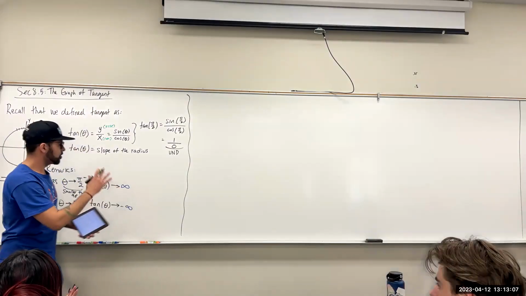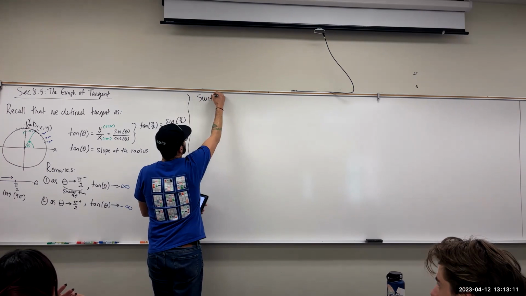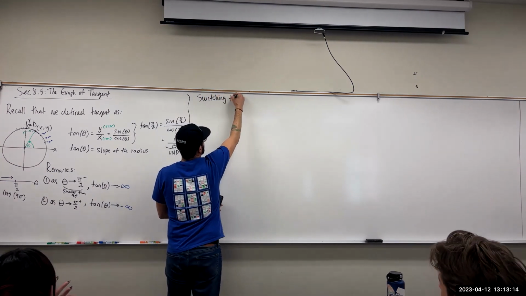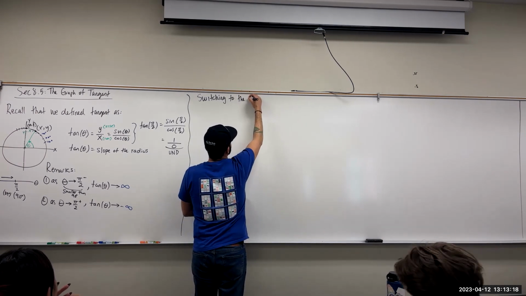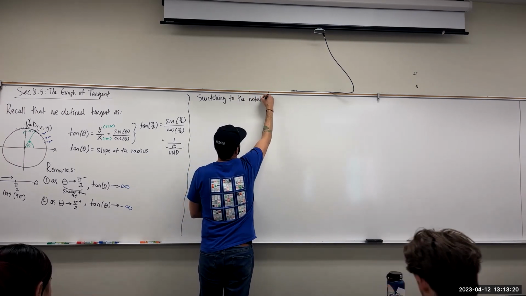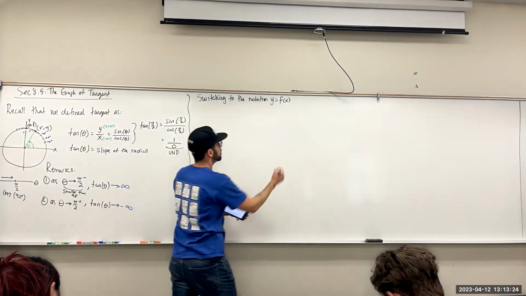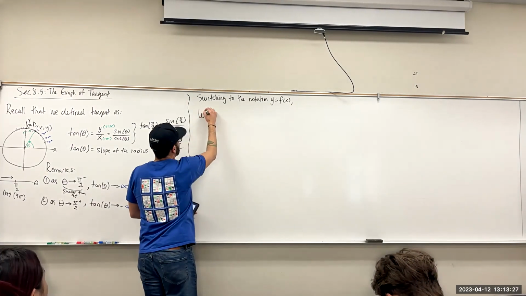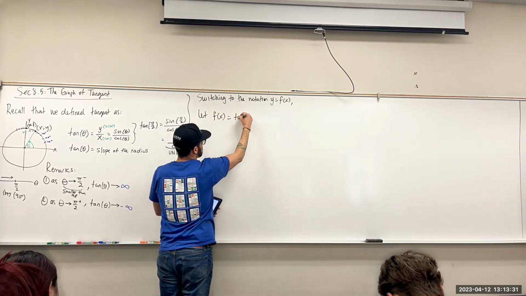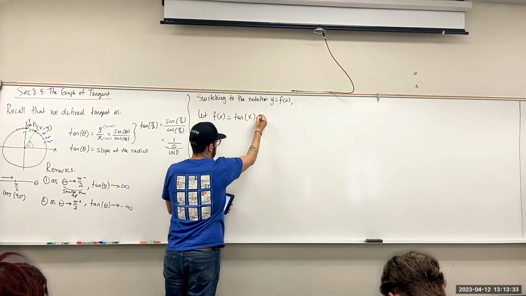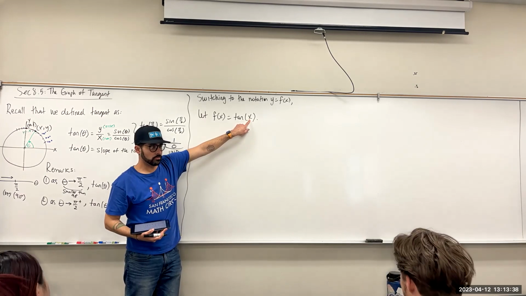So now we're going to switch to function notation, the notation y equals f of x, like the common function notation that we've been using. We're going to let f of x equal tangent of x. So now x here is representing the angles.